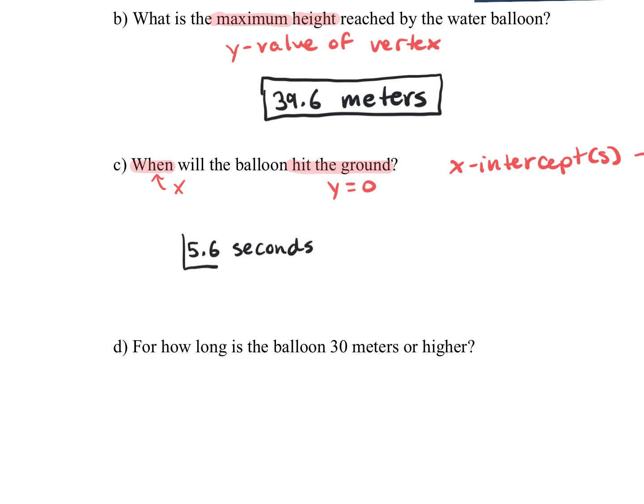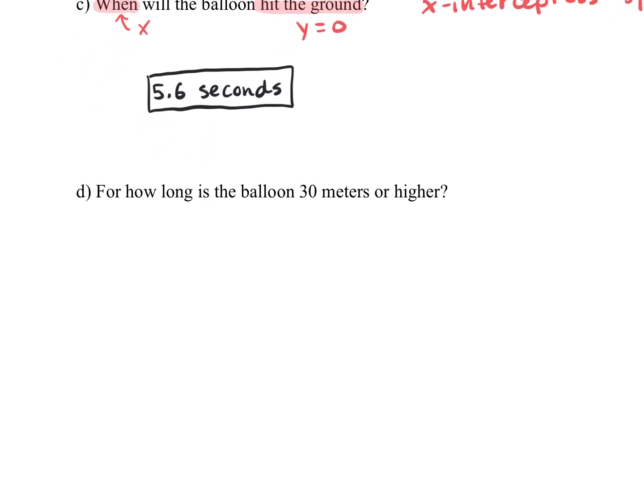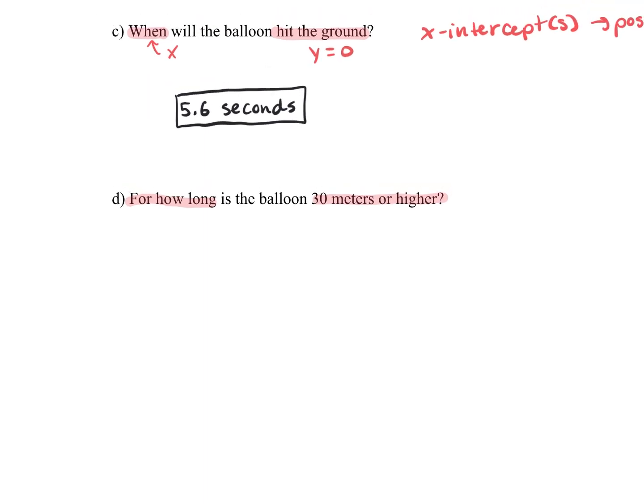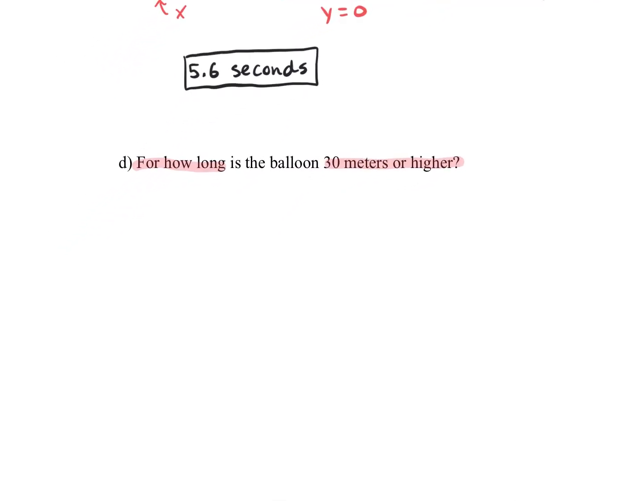Now, for this last part, this one's a little bit trickier. They're asking for how long, so that's going to be an interval of x, is the balloon 30 meters or higher? So that's the y value, when the y value is 30 or higher. So we kind of have two options here.